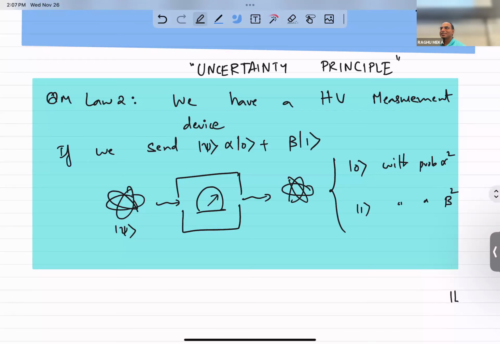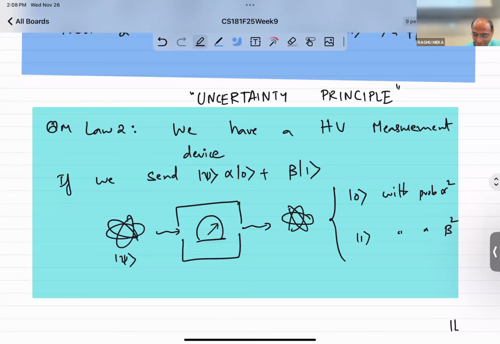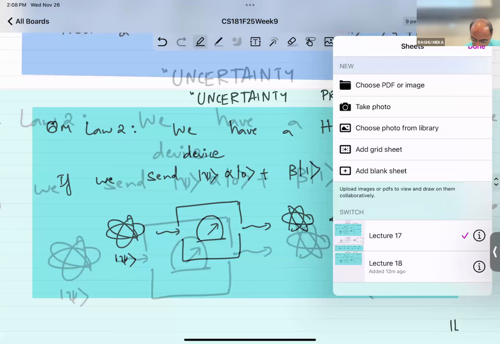And the measurement devices are very restricted. I can't just say, tell me what alpha and beta are. I cannot measure that. Whenever I do a measurement, it changes the state. You cannot measure without changing the state, right? And then you get one of two possible outcomes with these probabilities. It's a very restricted mode of interaction. That's why I'm emphasizing that, and that's very important as well.